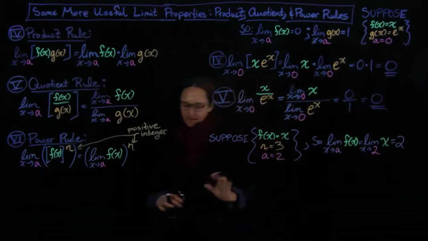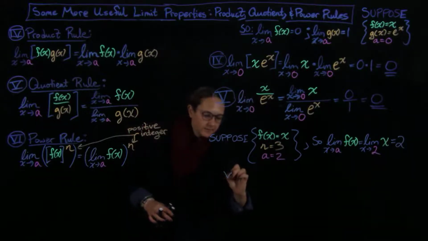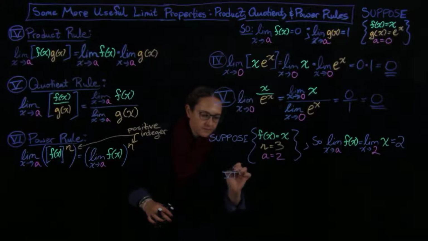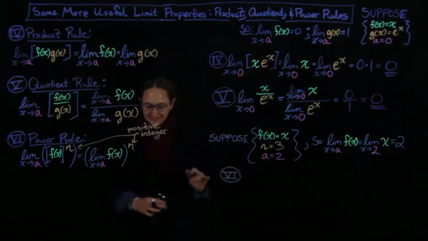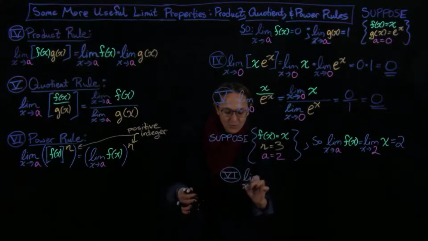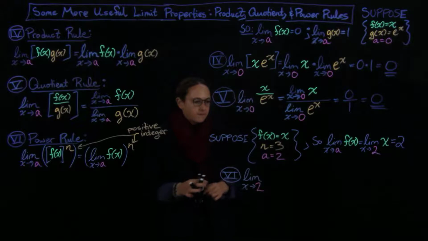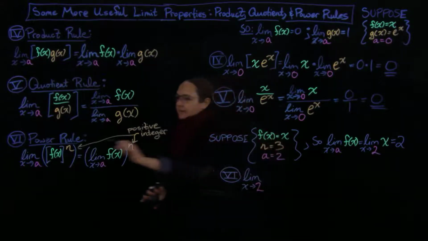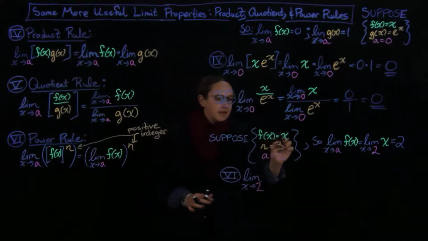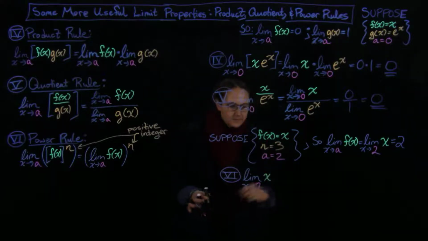So this is going to give me, as an example of the power rule, the limit as x approaches 2 of f of x to the n, so x cubed.